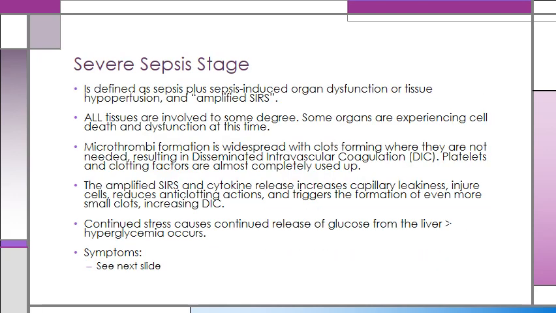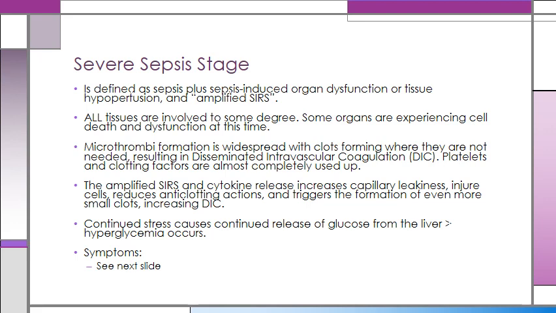If it is not stopped at that point, it goes into the severe sepsis stage. This is defined as sepsis plus sepsis-induced organ dysfunction or tissue hypoperfusion and amplified SIRS. All tissues are involved to some degree throughout the entire body. Some organs are actually experiencing cell death and dysfunction at this time.